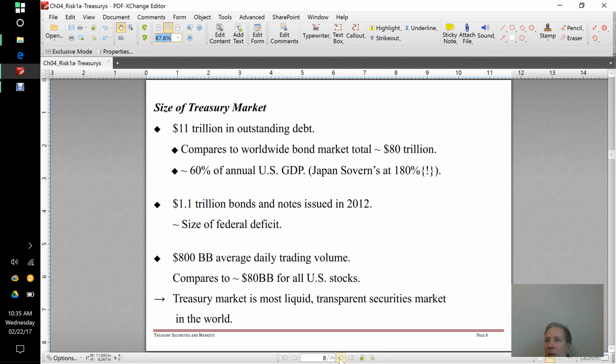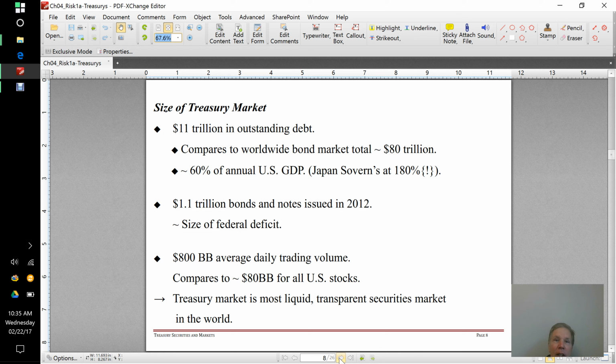So, in other words, if we decided to pay off all of our Treasury debt, it would take 60% of what the entire US produces in gross domestic product in a year to pay that down. That may seem like a lot, which it is, but it could be a lot worse.